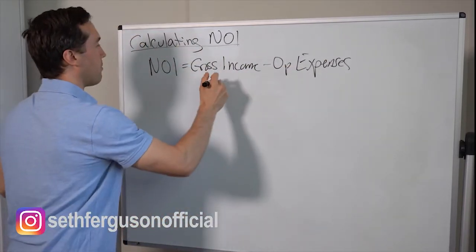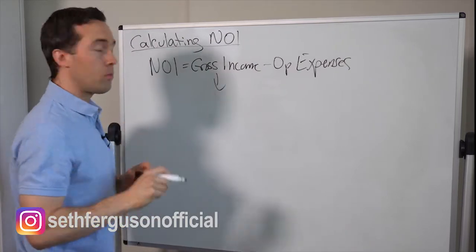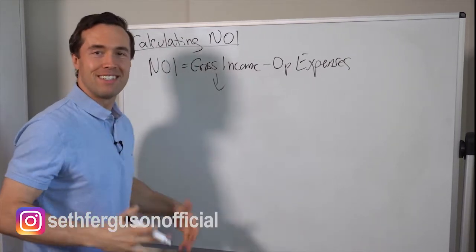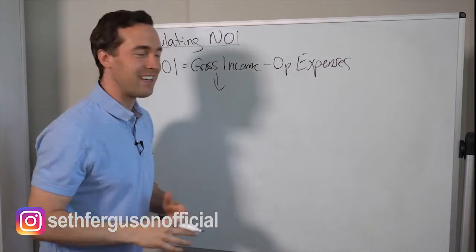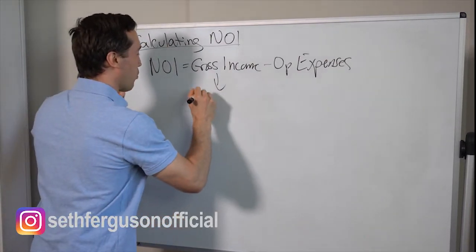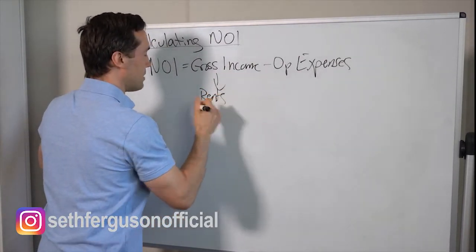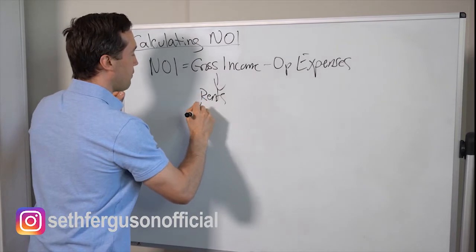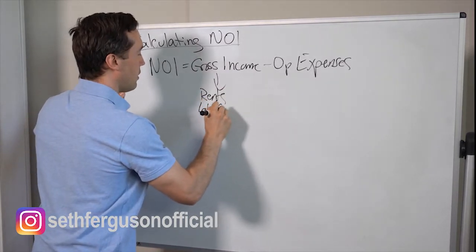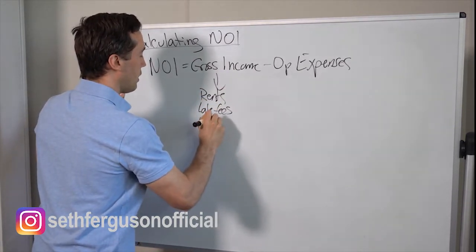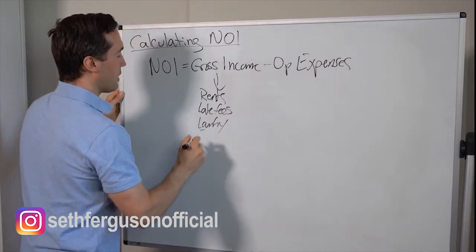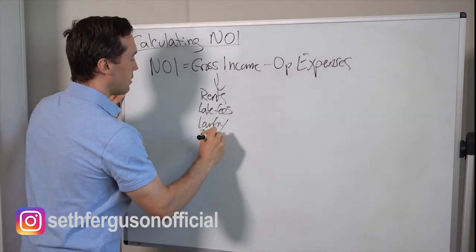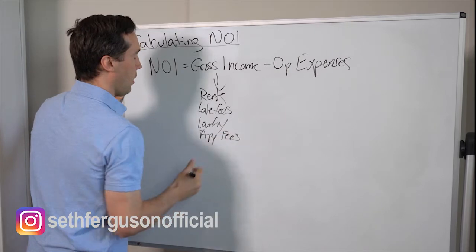So with gross income, what is gross income? Well, with a multifamily property, because this is a multifamily real estate YouTube channel, we have our rents, so all the rent money that comes in. We have late fees. We have laundry, if we charge for laundry. We can have application fees. What else can we have?